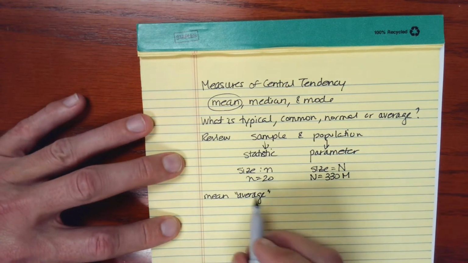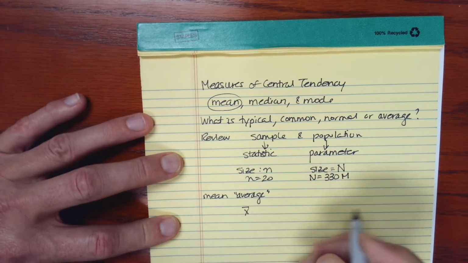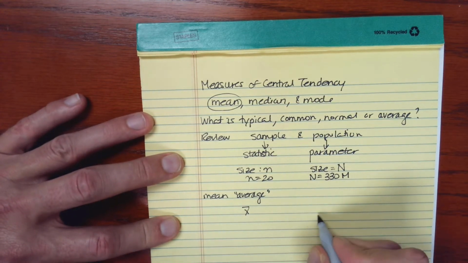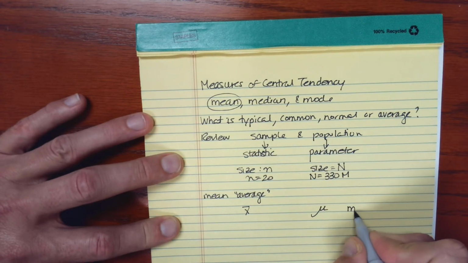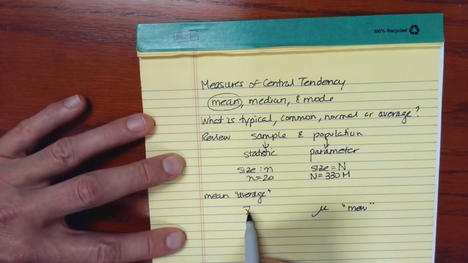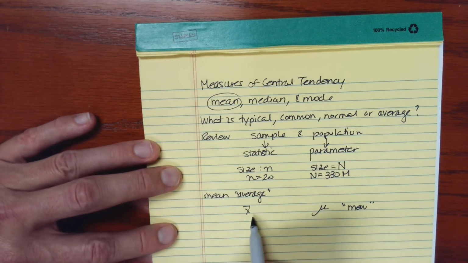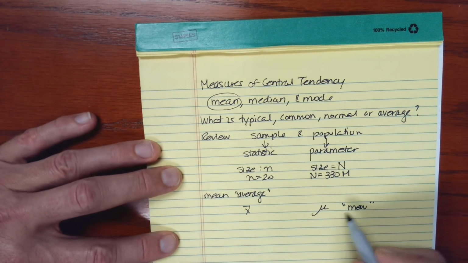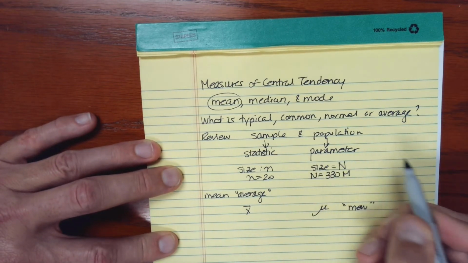And the symbols that we use for mean are x bar, that's for a sample, and the Greek letter mu. Both of these symbols indicate the mean, but x bar indicates the mean for a sample and is a statistic, whereas mu indicates the mean for an entire population and is therefore a parameter.